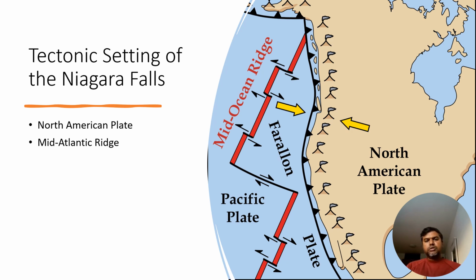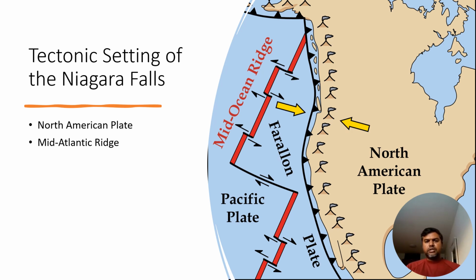The nearest plate boundary to Niagara Falls is the Mid-Atlantic Ridge, which is a divergent boundary located in the middle of the Atlantic Ocean. At this type of boundary, two tectonic plates are moving away from each other, and new crust is being formed from upwelling magma.